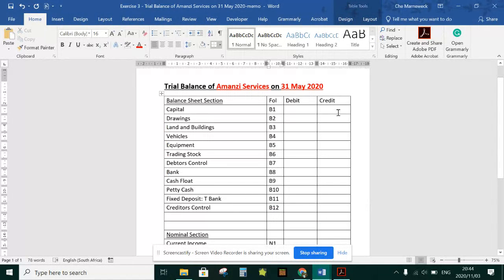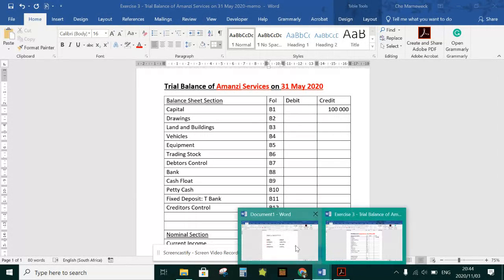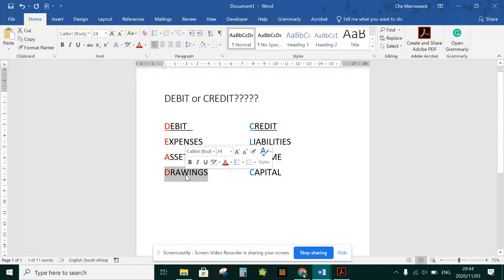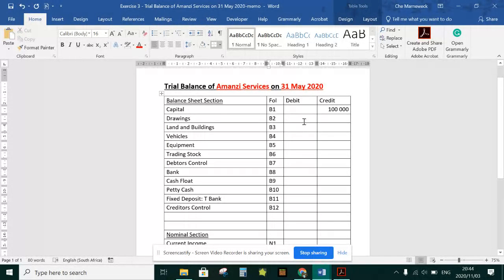So we look up the value of capital, and under credit we fill in 100,000. Drawings. Drawings goes under debit. So we're going to record 1,400.